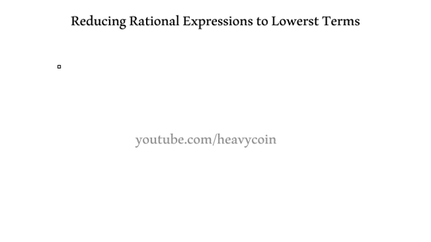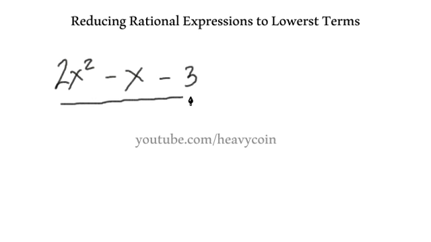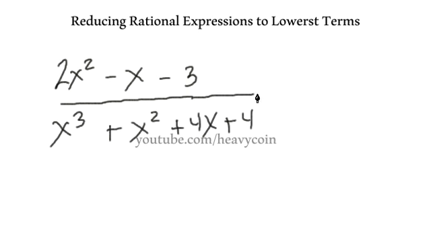Got to add a layer. 2x squared minus x minus 3, and that's all over x cubed plus x squared plus 4x plus 4. I'm not going to work this problem out. I'm just going to give you the answer. Alright, so you pause and try to come up with the answer.